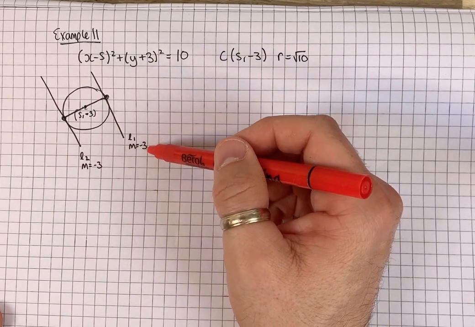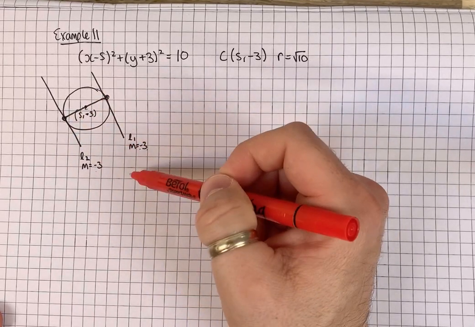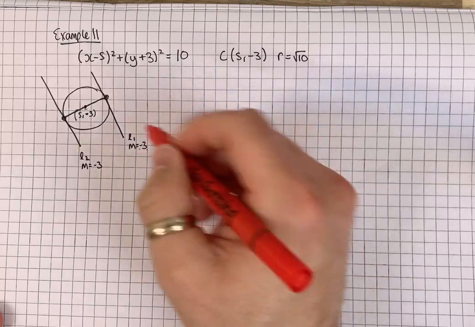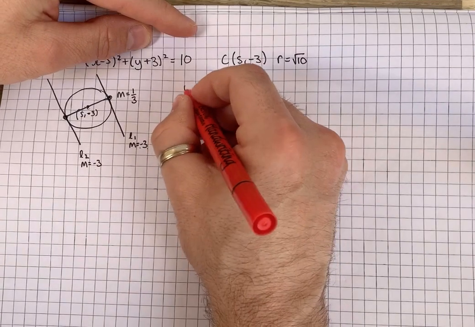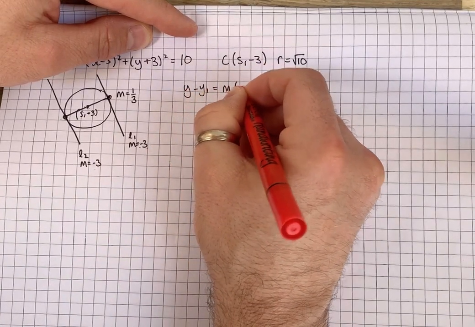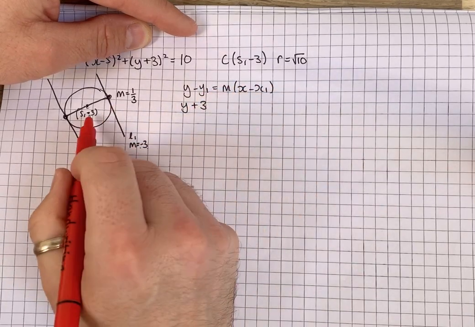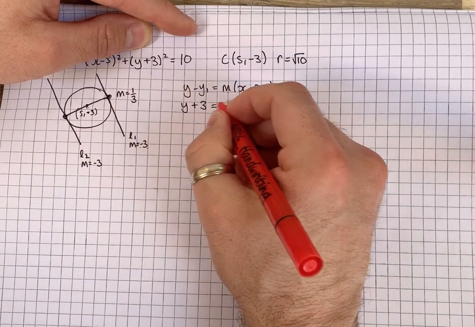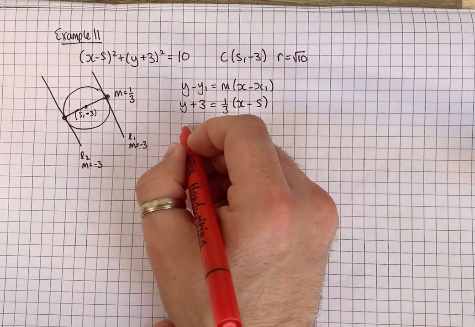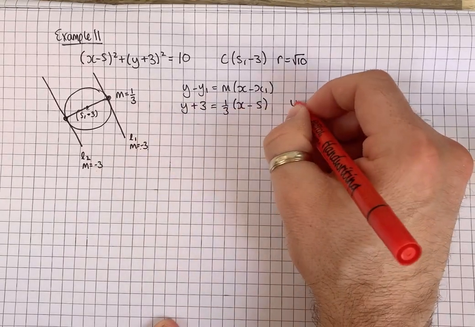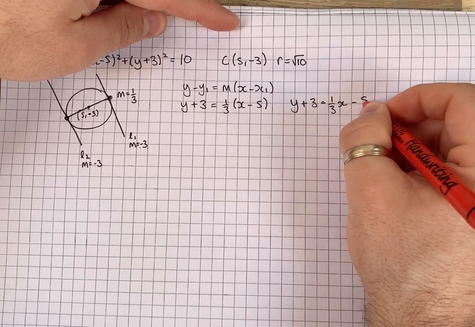The reason being it's perpendicular to this and this, so to work out the gradient of the perpendicular line, you flip it and change sign. So it's positive and becomes a third. So gradient of that line is 1/3. So using y minus y1 equals m brackets x minus x1, y plus 3, because y is -3, equals a third x minus 5, giving me y plus 3 is a third x, take away 5/3.